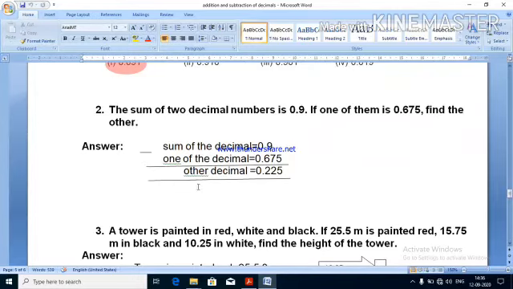In the similar manner, the other decimal is 0.225. Here you have to write the numbers in like decimals.